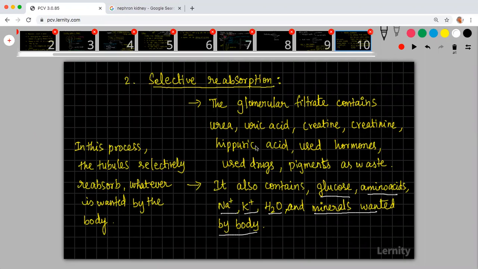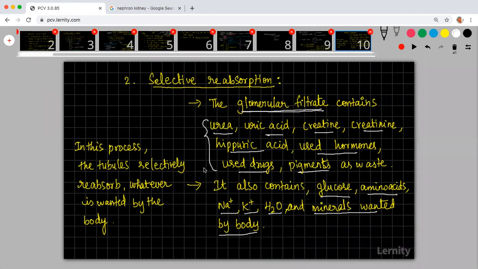These are all the waste. What are the wastes which are sent out? Urea, uric acid, creatinine, hippuric acid, used hormones, used drugs, and pigments are all sent out as waste. Whatever is used in your body is taken out. Along with that, whatever you want is also getting into the glomerular filtrate. What is glomerular filtrate? Whatever is filtered by the glomerulus is called glomerular filtrate.